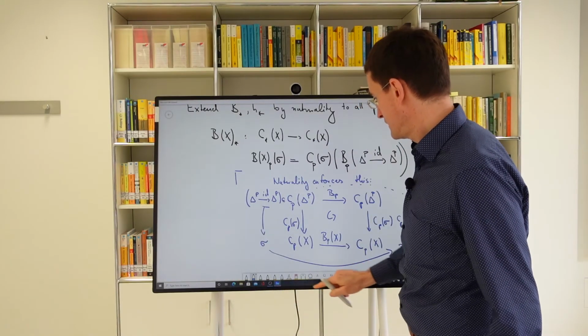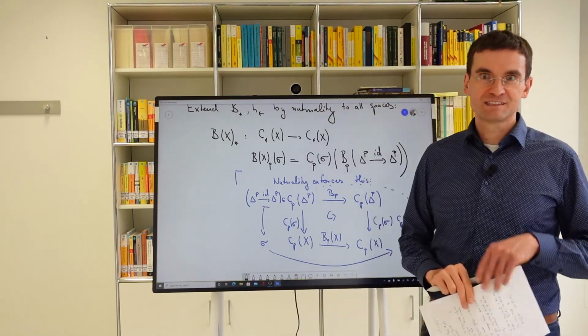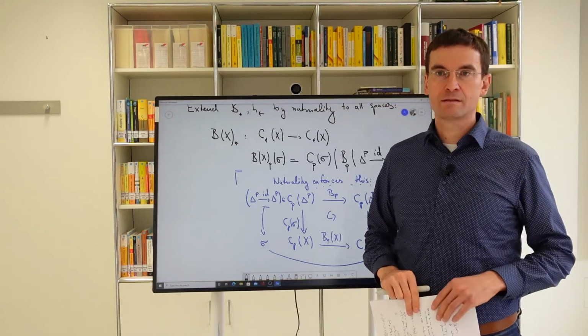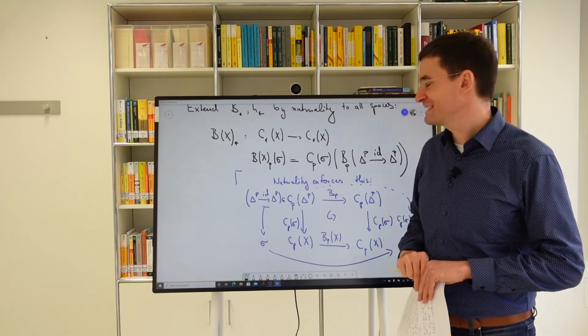So you're defining here the component of the natural transformation at the object X in the category of topological spaces. Yeah.